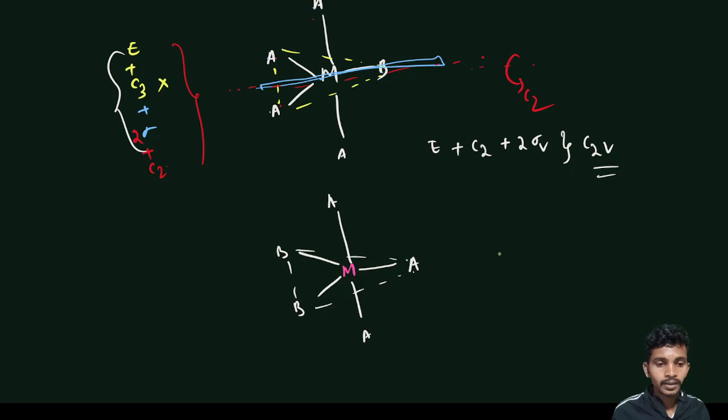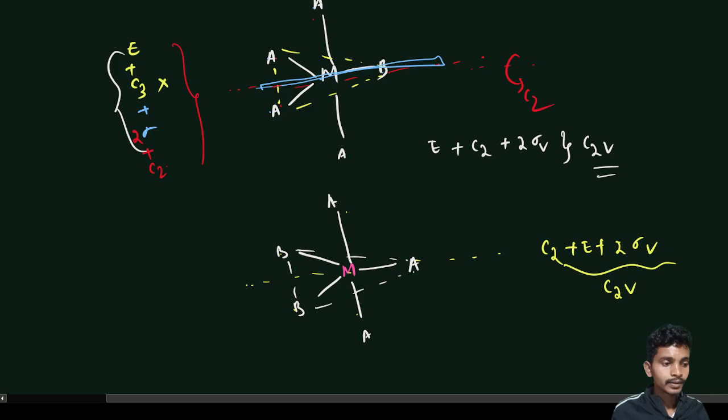If I pass a C2 axis, then this gets replaced, this gets replaced. So C2 is present, E is always present, and sigma v is also present. So 2 sigma v is present, and here C3 is not present. So again this is the C2v point group. So if you replace one atom or if you replace two atoms, the point group is the same, C2v. Okay.